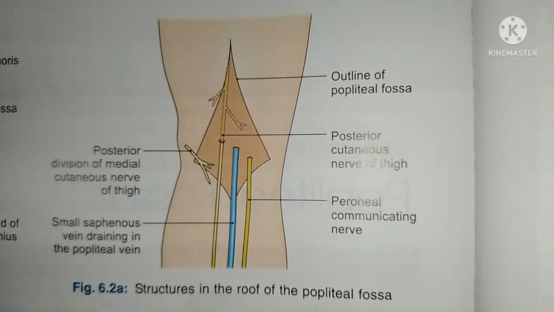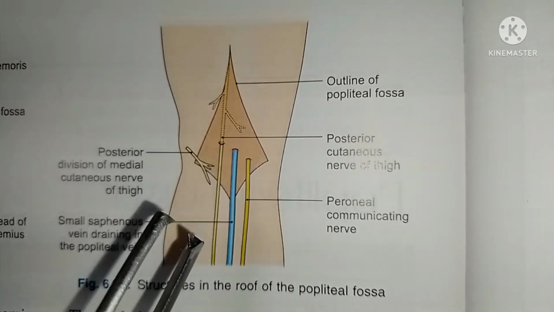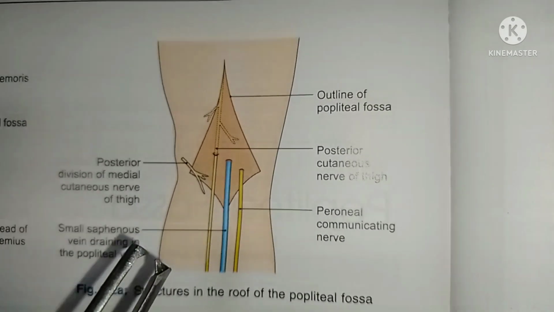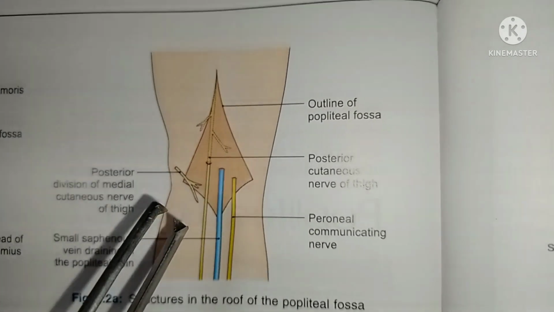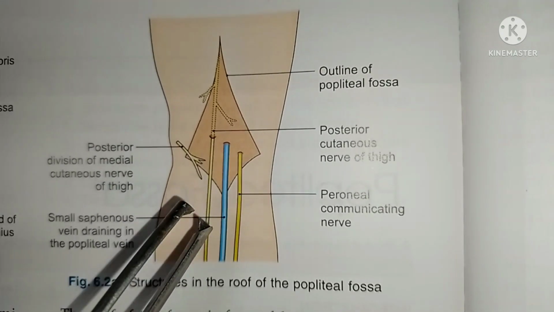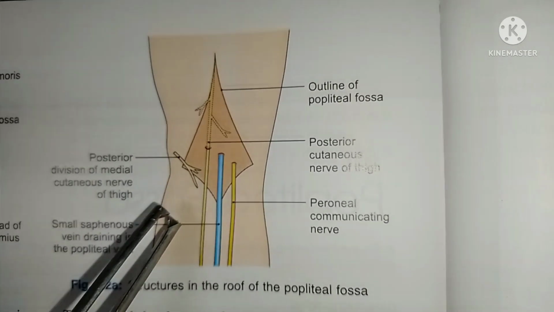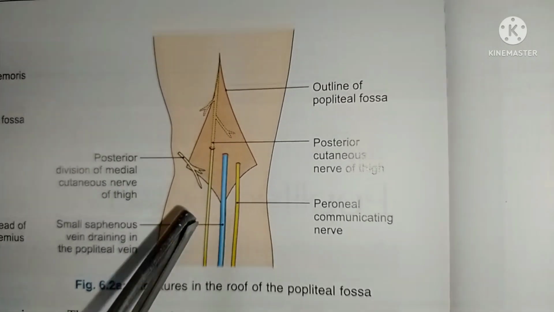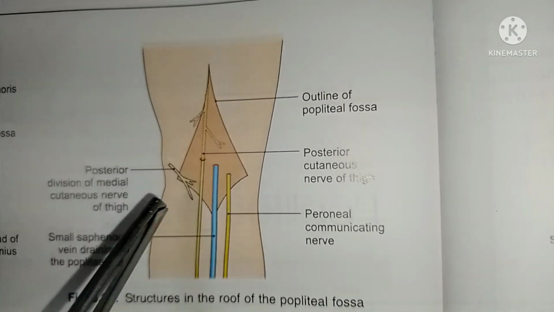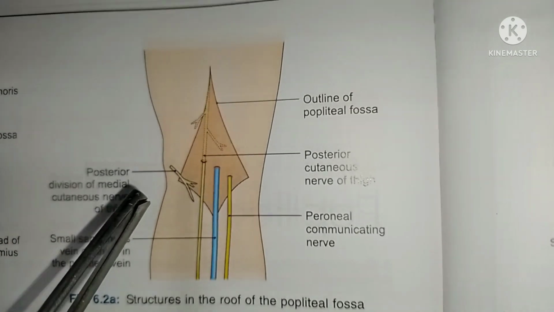The roof is formed by the deep fascia, or you can say popliteal fascia, and the superficial fascia, and that roof contains the small saphenous vein, peroneal communicating nerve, and the posterior cutaneous nerve of thigh. And now see, this is the posterior cutaneous nerve of thigh and the posterior division of the medial cutaneous nerve of thigh.